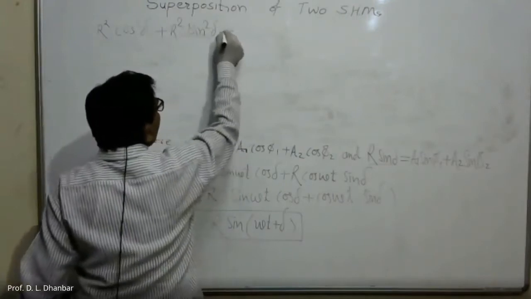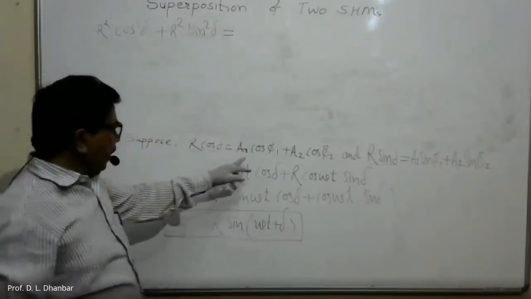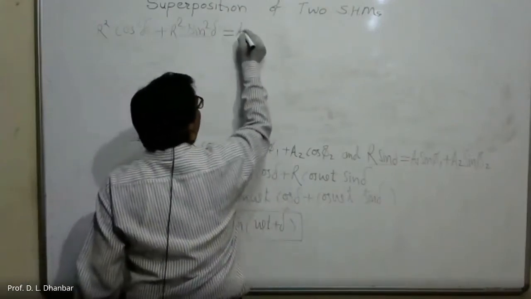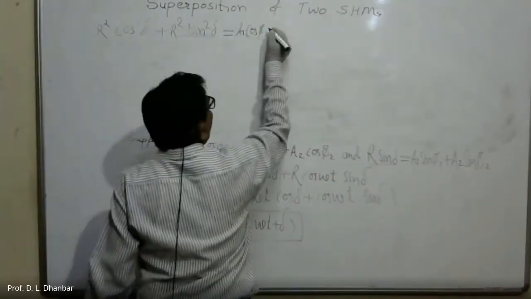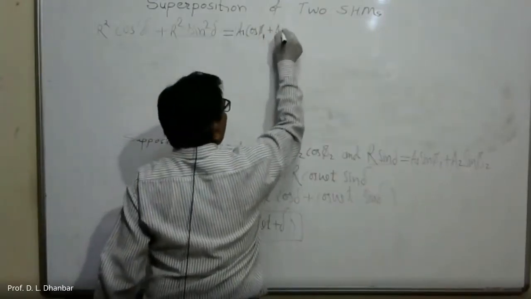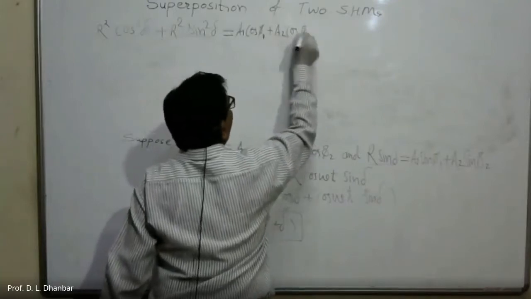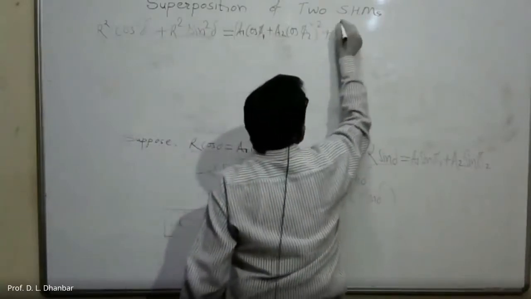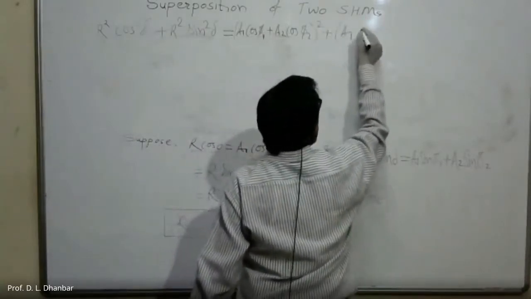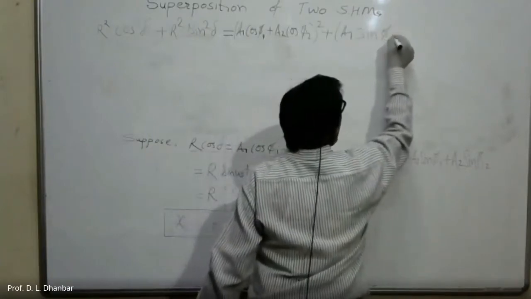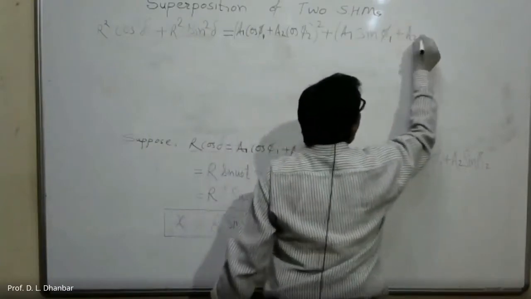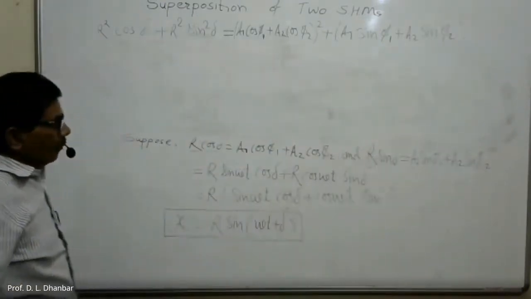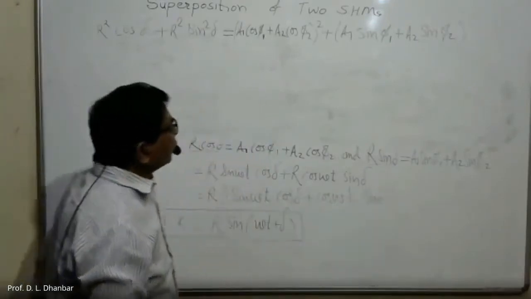This is equal to, right hand side, we have (A1 cos of phi 1 plus A2 cos of phi 2) whole square plus (A1 sin of phi 1 plus A2 sin of phi 2) whole square.